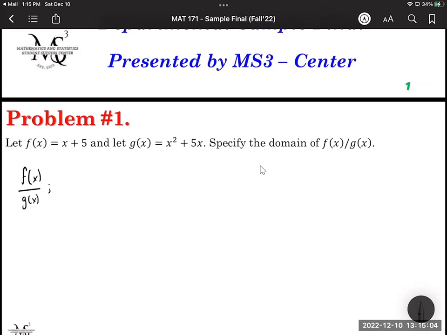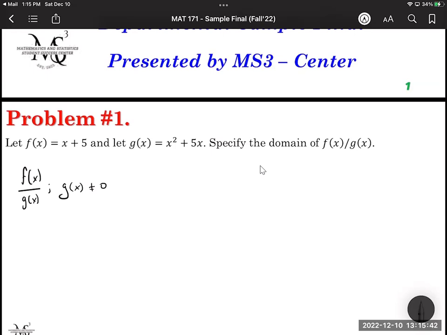When you talk about the domain of a function, sometimes the domain could be all real numbers, or sometimes you can have problematic inputs. Problematic inputs are whenever g of x is equal to 0. In your denominator, you have to exclude values of x that make that bottom 0.